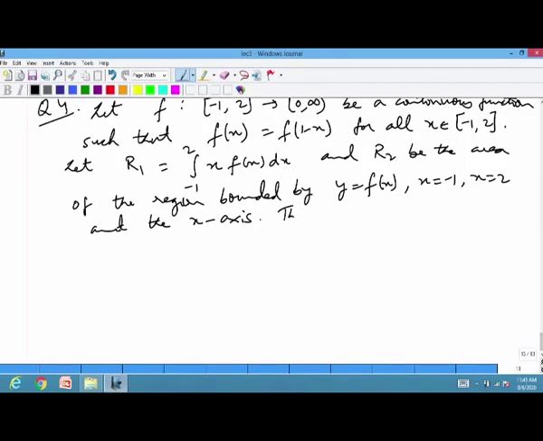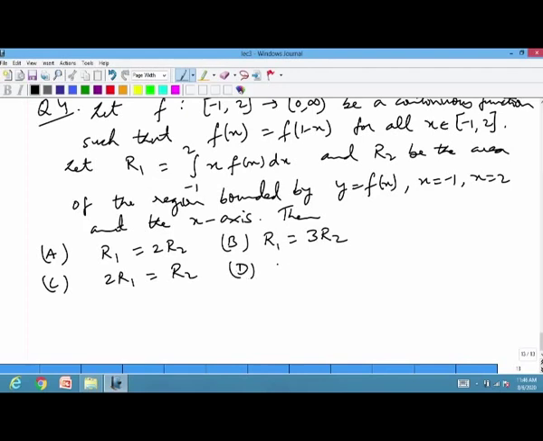Then we have 4 options given. First is R 1 equal to 2 R 2, B is R 1 equal to 3 R 2, C is 2 R 1 equal to R 2, and option D is 3 R 1 equal to R 2.